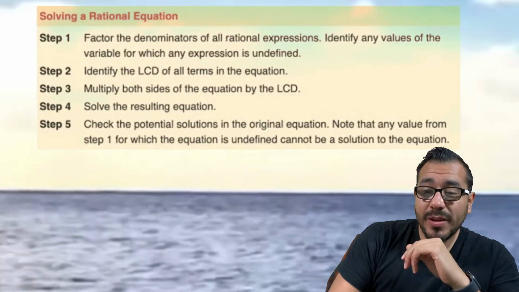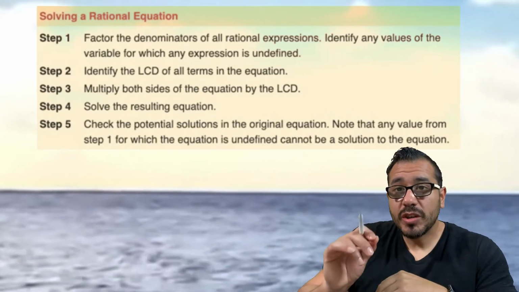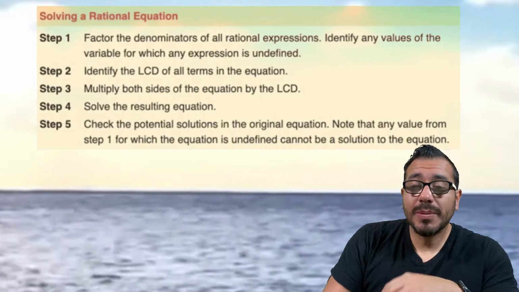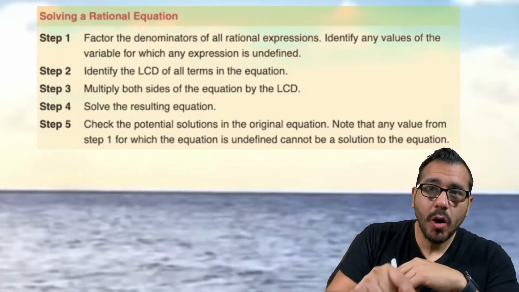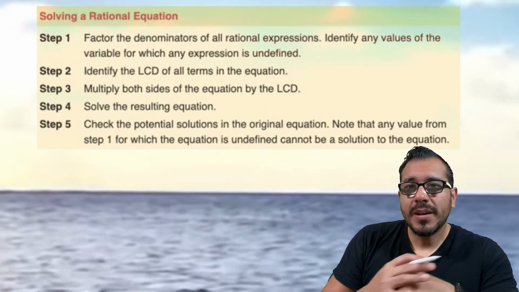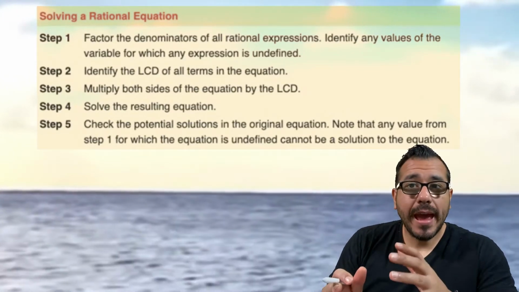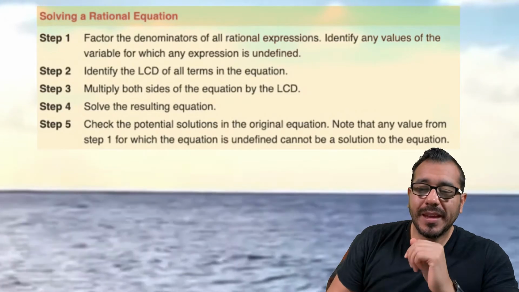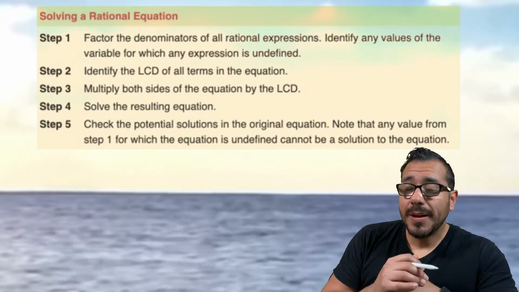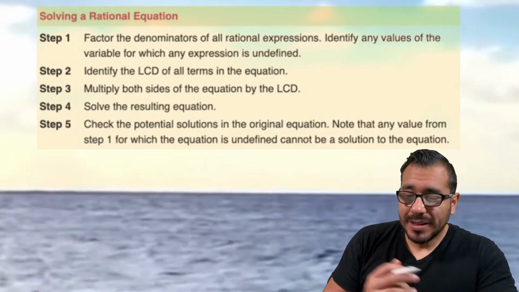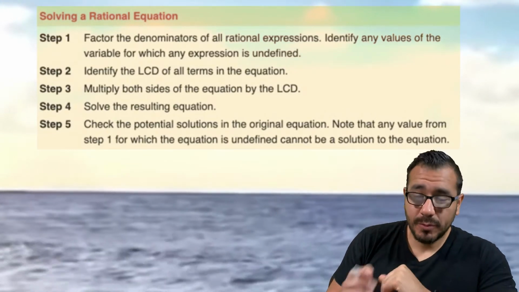Then you're going to find your LCD. And what you're going to do with that LCD is multiply everything by the LCD. Everything must go. And that's going to leave you with an equation that no longer has fractions. And then, of course, at the end, we got to check our answers to make sure they work. All right, so let's look at some examples.